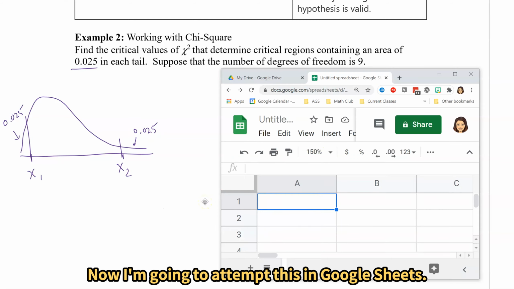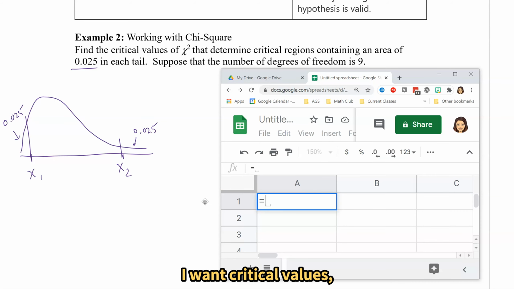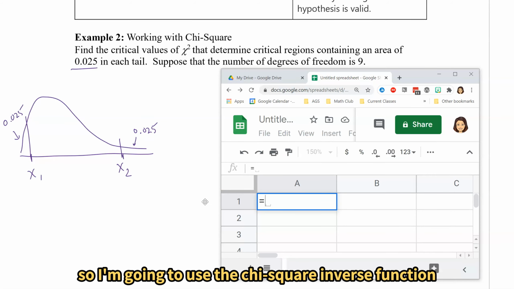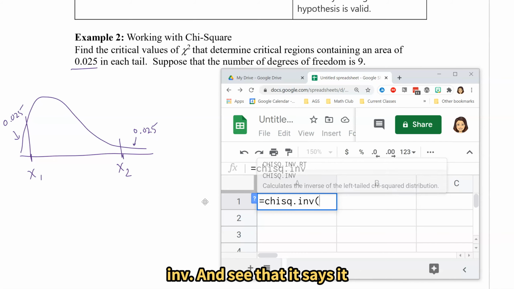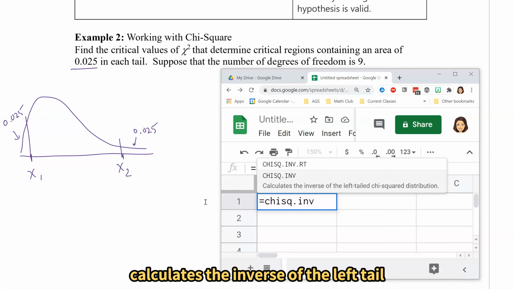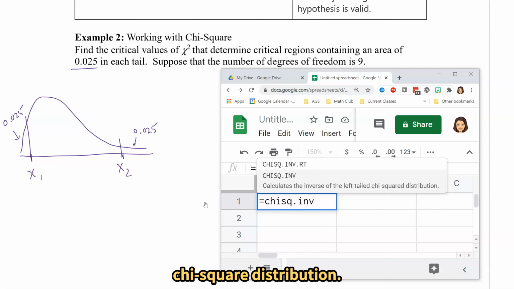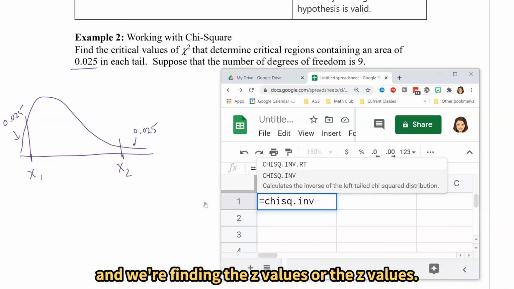Now I'm going to attempt this in Google Sheets. I want critical values, so I'm going to use the chi-square inverse function, INV, and see that it says it calculates the inverse of the left-tailed chi-square distribution. So when we're doing inverses, we're giving the probabilities and we're finding the x values or the z values.